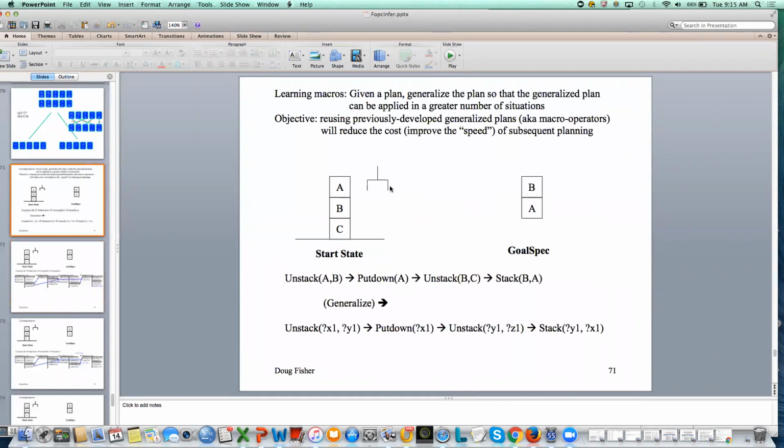So let's say that we've actually completed a plan, and this is the set of operators that will go from here to here. But there are ways to generalize this plan so that it doesn't just apply to problems that involve blocks A and B and C, but it can be more widely applicable. And that can be done through generalization of the plan in particular.